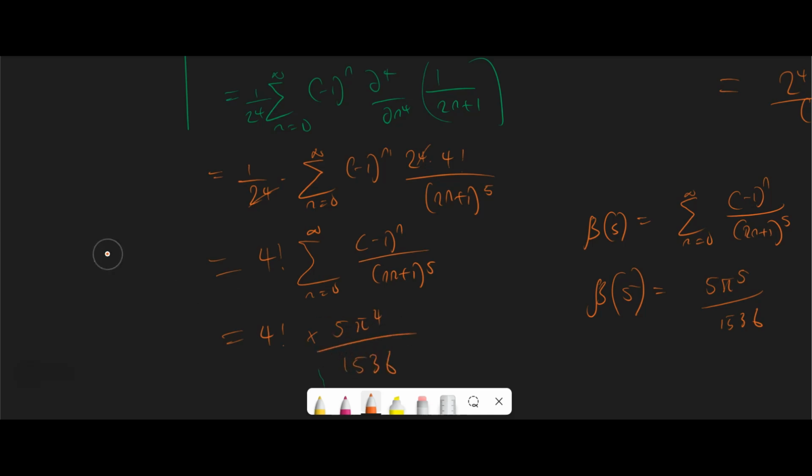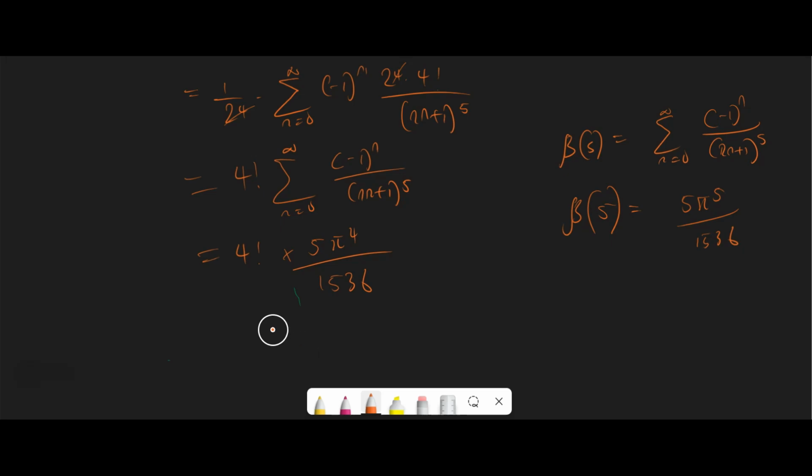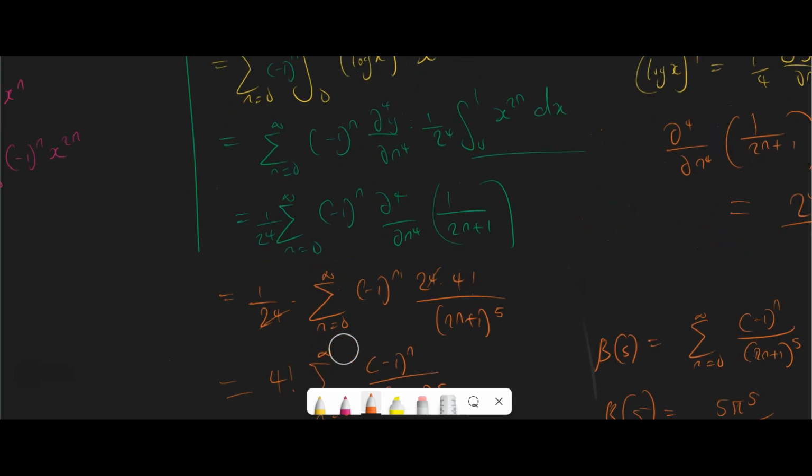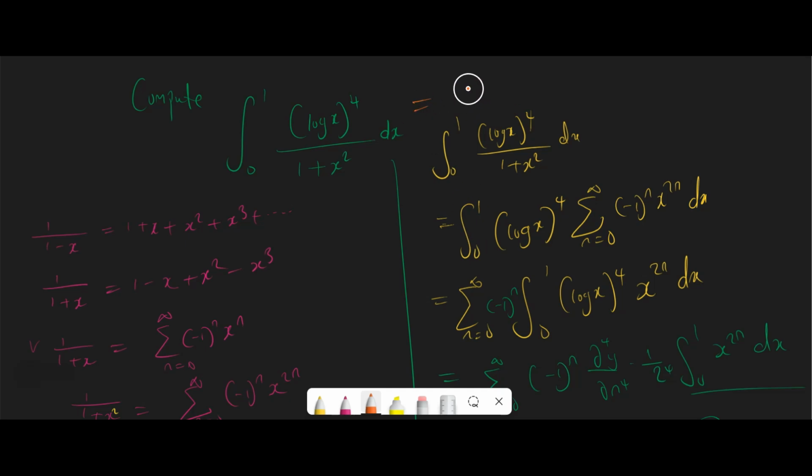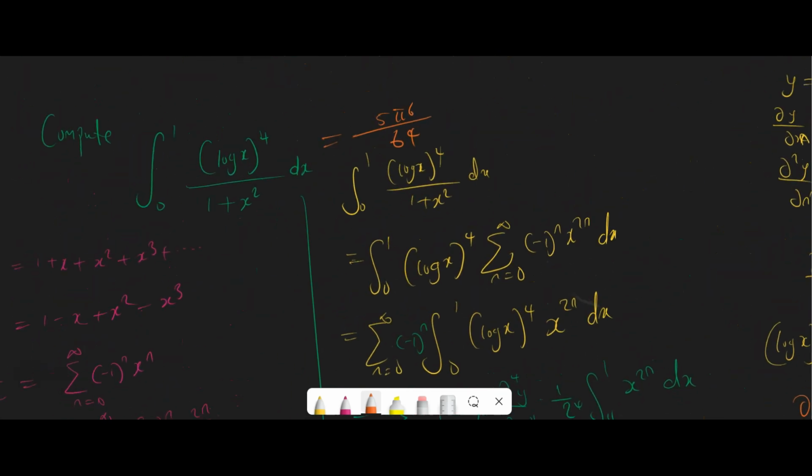If you do the math here, you end up with 5 pi to the 5th, all divided by 64. So that means this integral equals 5 pi to the 5th, all divided by 64, and that is all. Here we used the method of series to evaluate this integral.